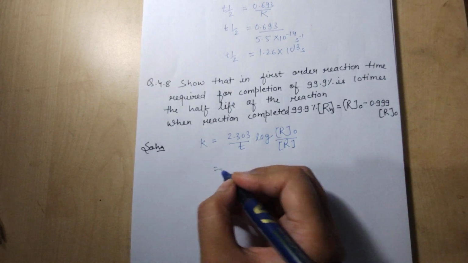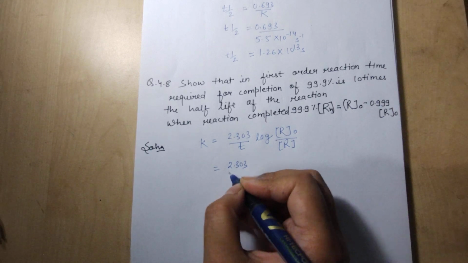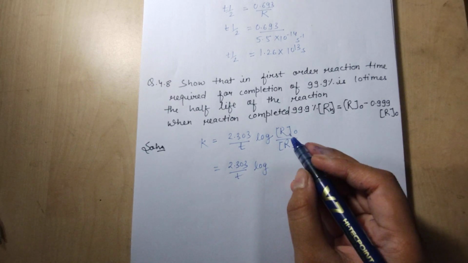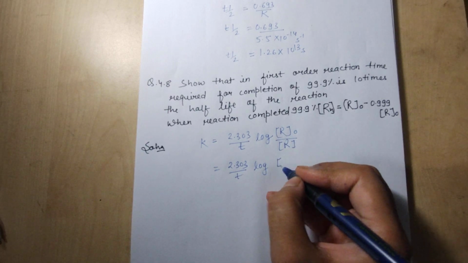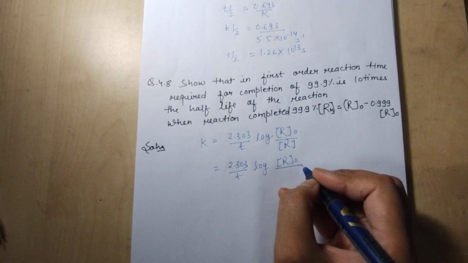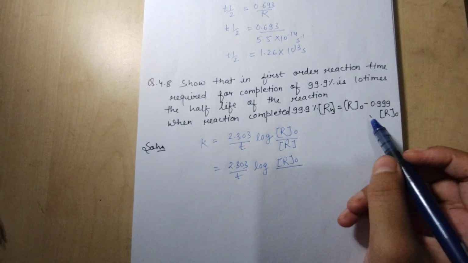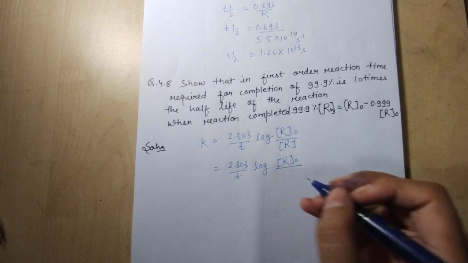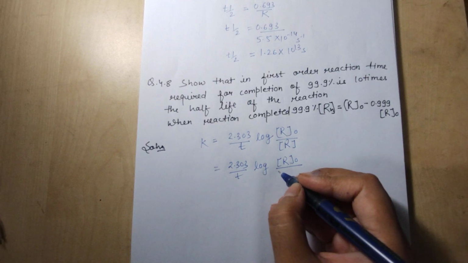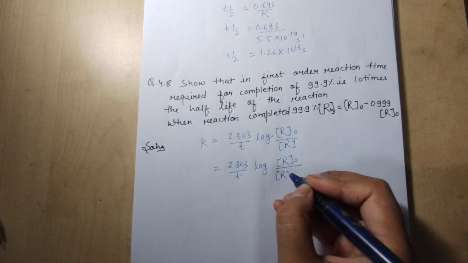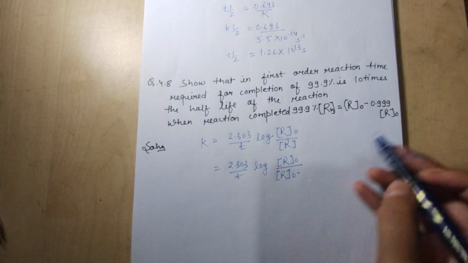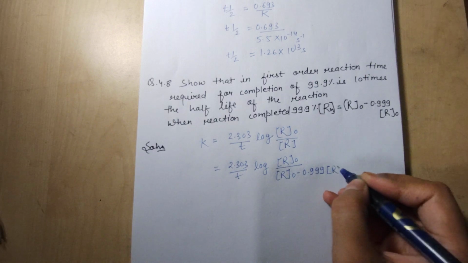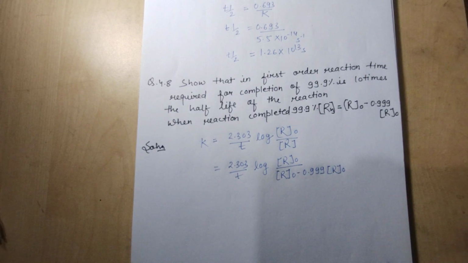So here putting the value, log, the initial rate is taken as R0 because the R0 value is not mentioned, and the final rate, or you can say the remaining rate, is R0 minus 0.999 R0, that is given.